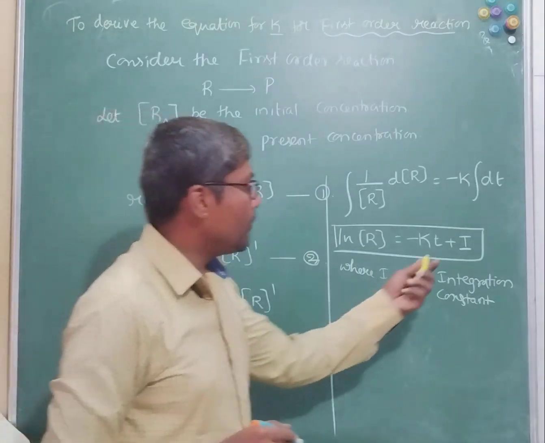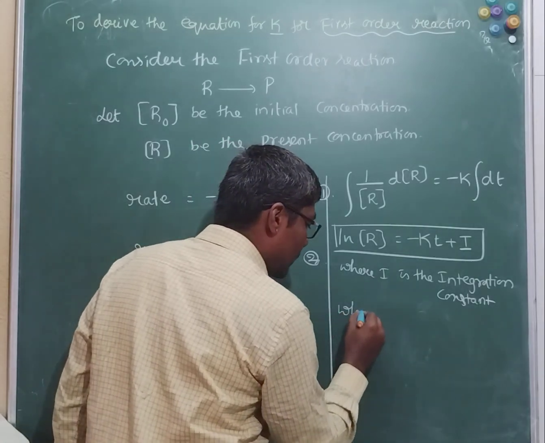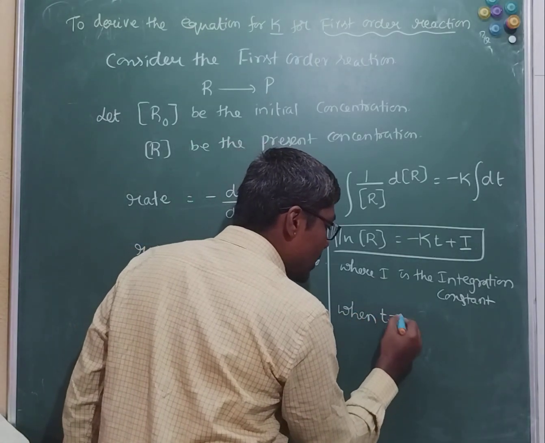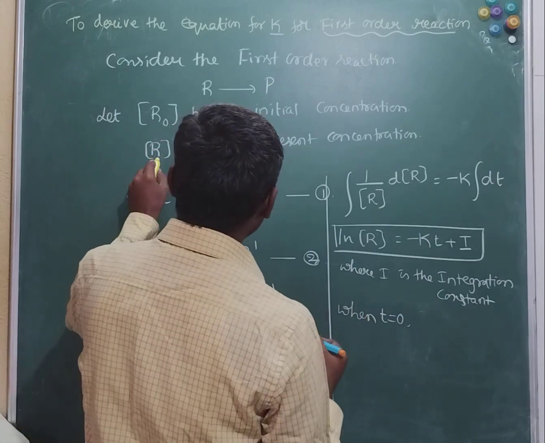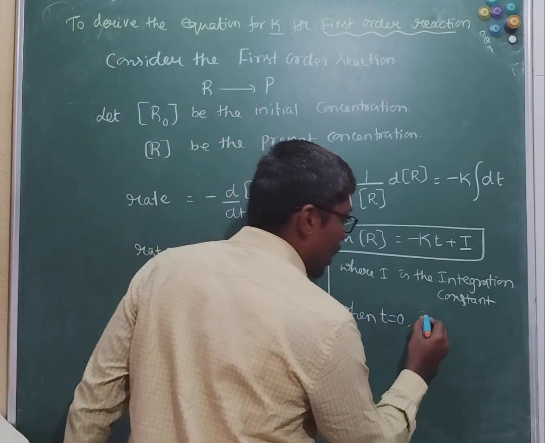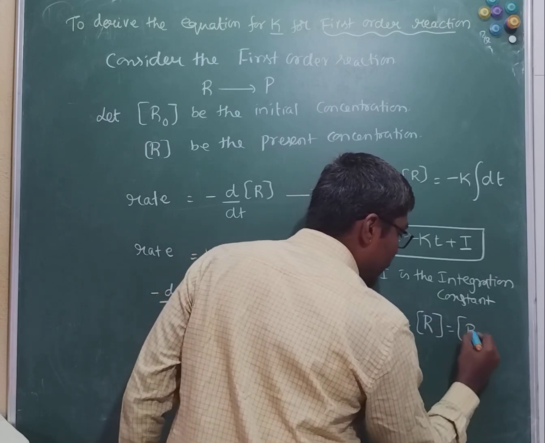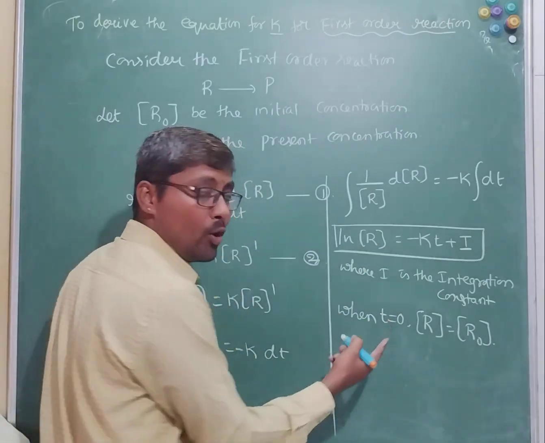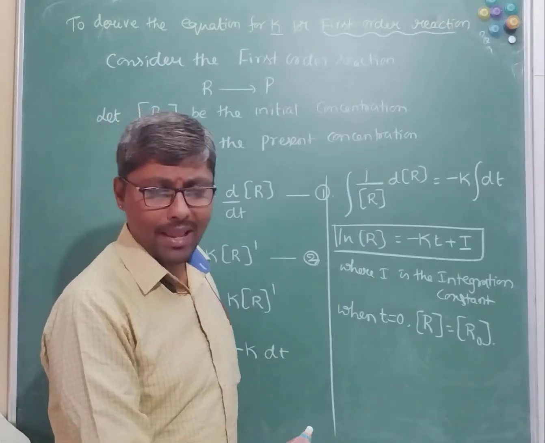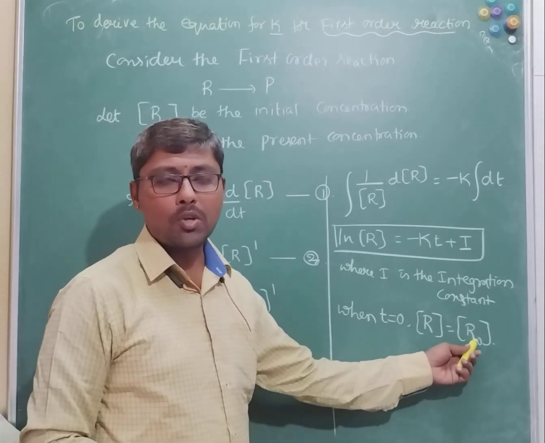To find the value of I, we consider when time t is equal to 0, the concentration of R becomes R naught. When the time is 0, before the reaction starts, the concentration of reactant is the initial concentration.